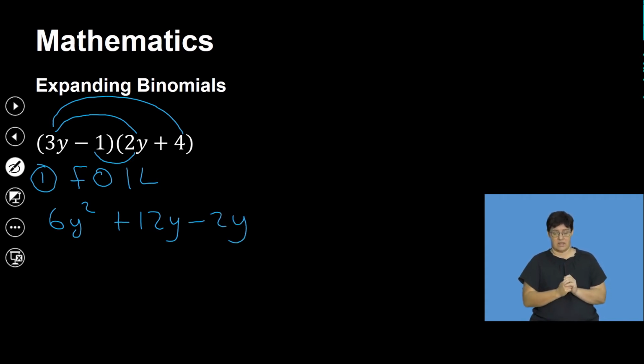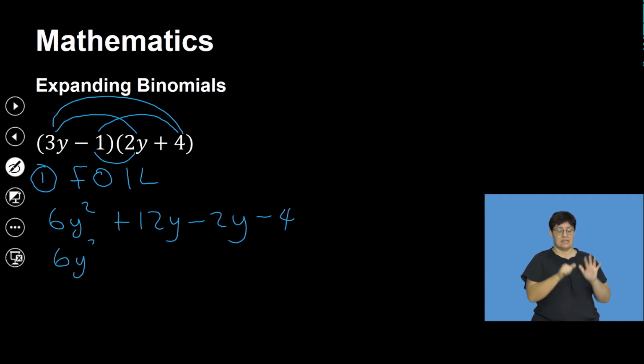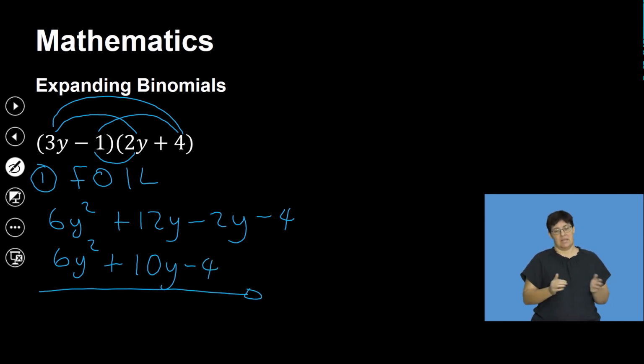And then it will be the last, which is the minus 1 and the 4, which will give me minus 4. And if you simplify this, it will then give me 6y squared. The 12y minus the 2y will give me plus 10y, then minus 4, and that will then be my answer.